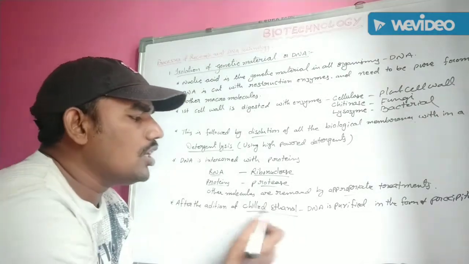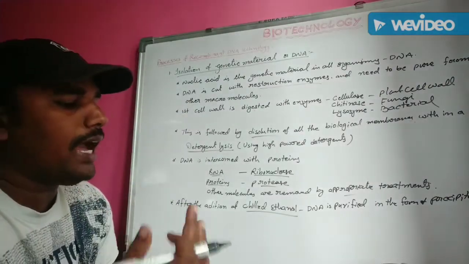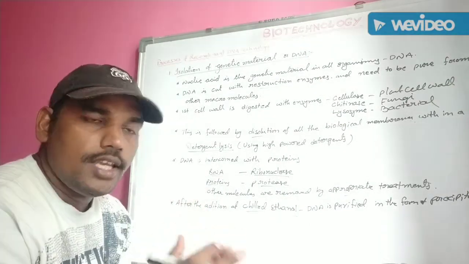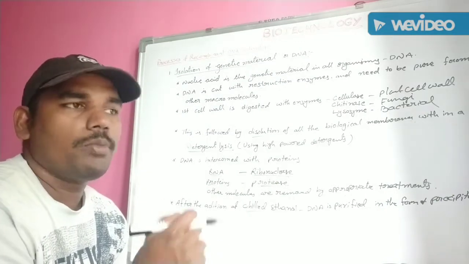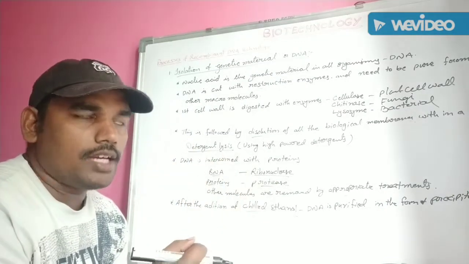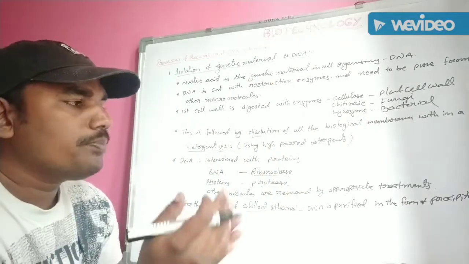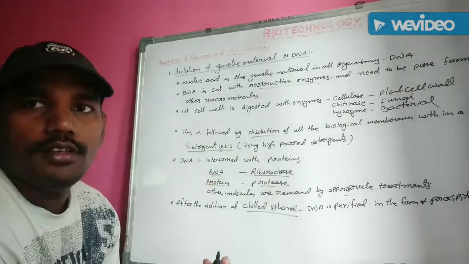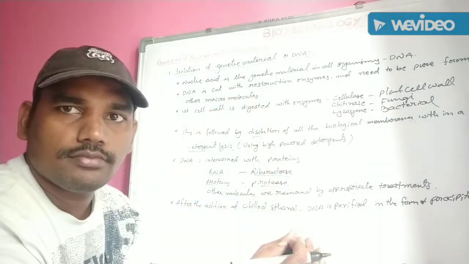After addition of the chilled ethanol, the DNA is purified. So now the pure DNA is extracted from the particular organism, whether a plant cell, bacterial cell or fungal cell. In this way, the pure DNA is isolated from the organisms by these methods.